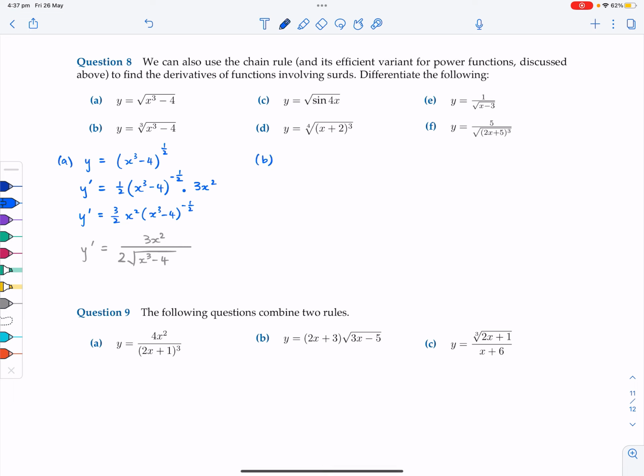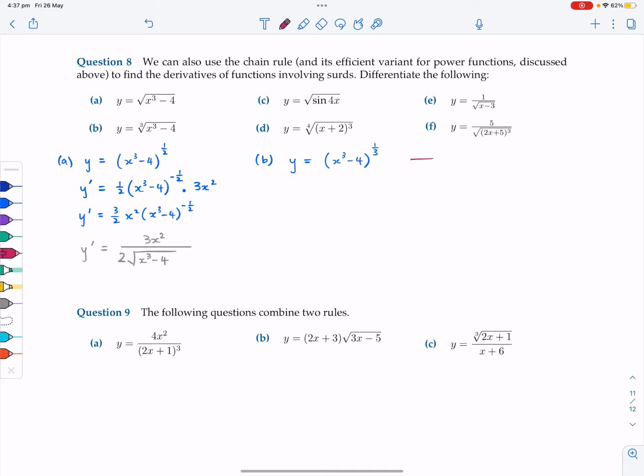Right, B. y equals a cube root of that. So it's the same thing inside, but we're just doing the cube root. So we've got x cubed minus 4 to the power of a third. Now I've just made an interesting observation here.